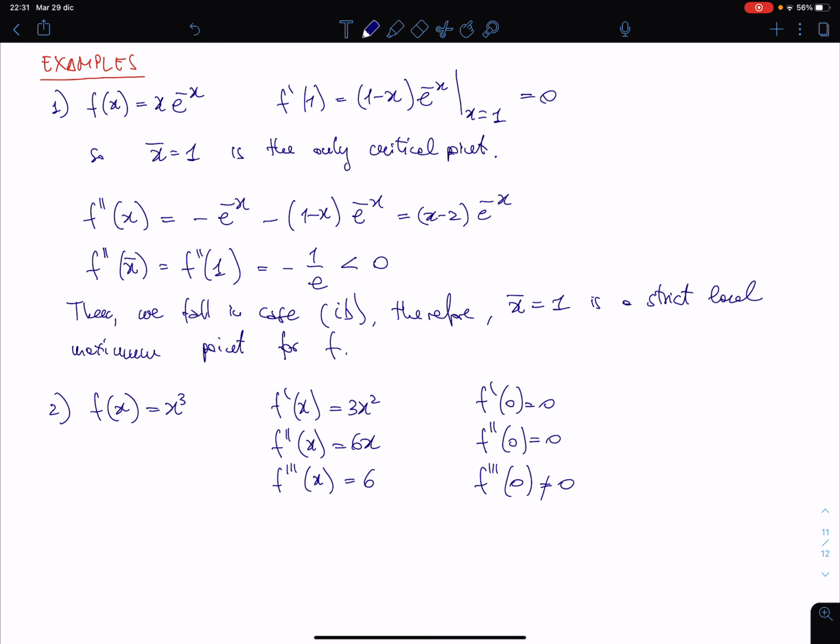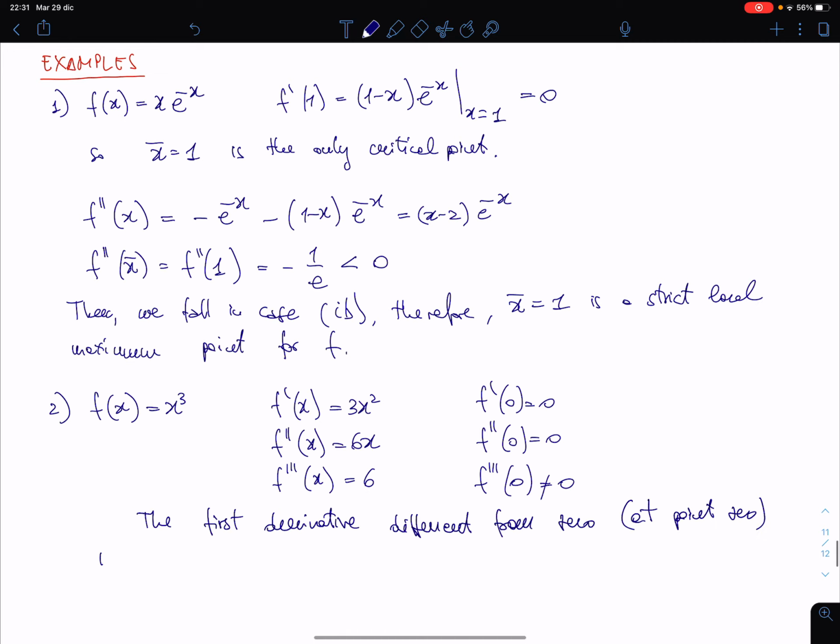So the first derivative different from 0, obviously calculated at point 0, is the third one.